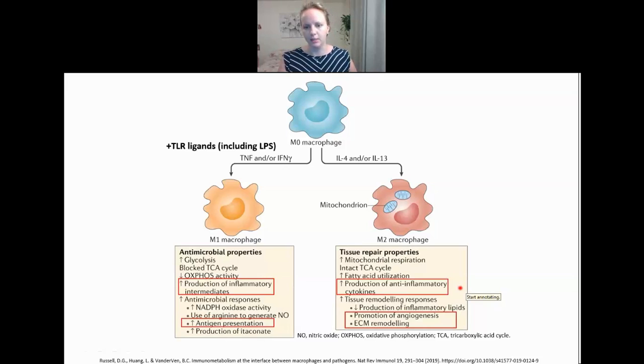It produces anti-inflammatory cytokines to promote remodeling of the extracellular matrix, in terms of wound healing, and promotion of angiogenesis. In normal conditions, it is the healing, tissue repair macrophage.